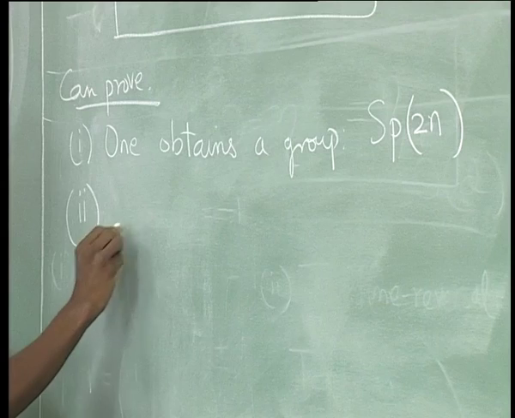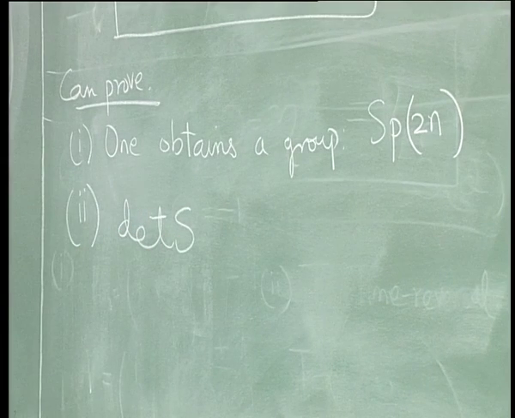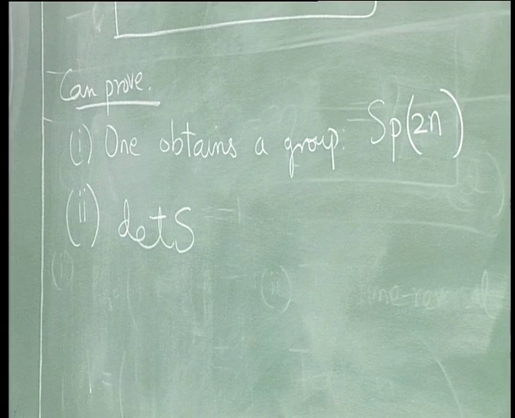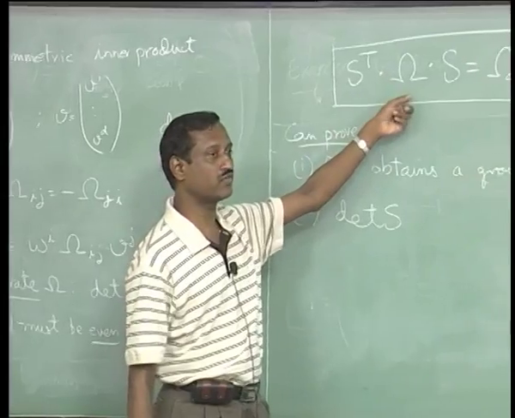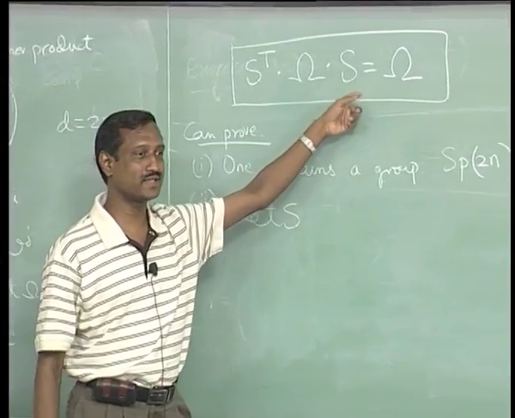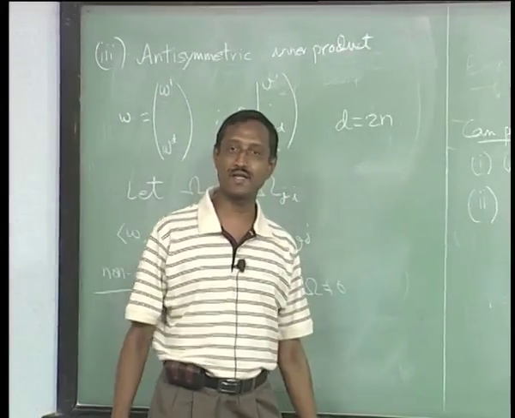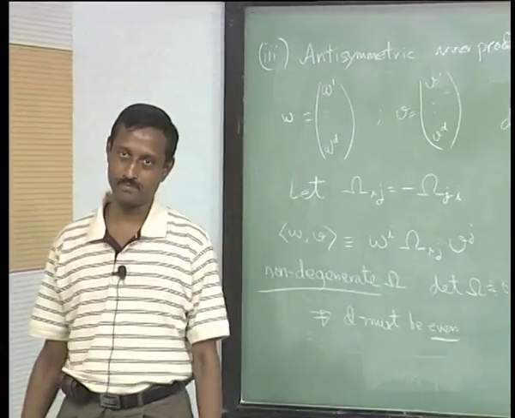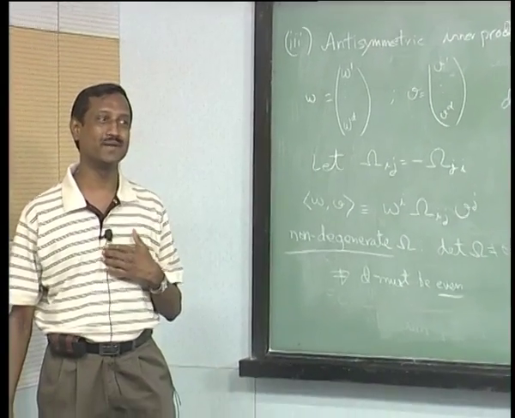Naively, if you take the determinant of this expression you would get determinant of S times determinant of omega times determinant of S equal to determinant of omega, and you would decide determinant of S squared equals 1. So, again you would think the determinant of S should be plus or minus 1.